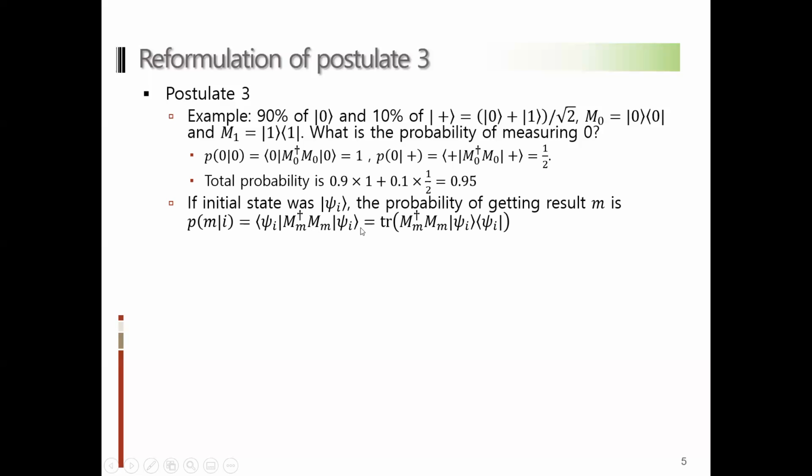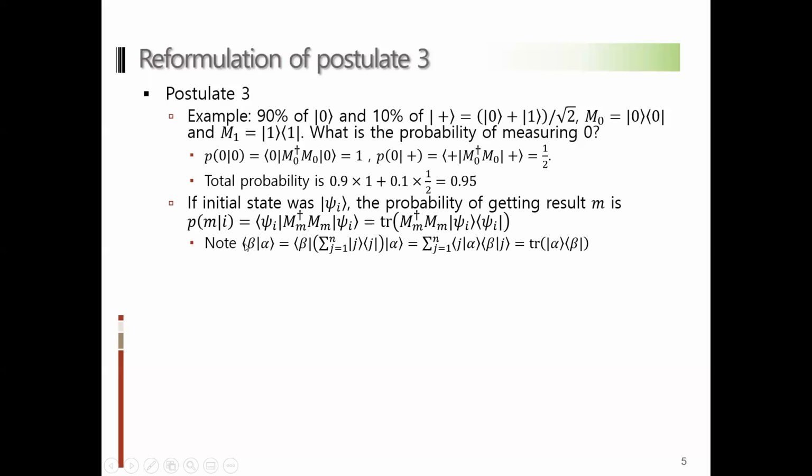This is a formula which we are already familiar with. I also claim that this formula can be turned into a trace. This relation can be easily proven if you consider the following relation.